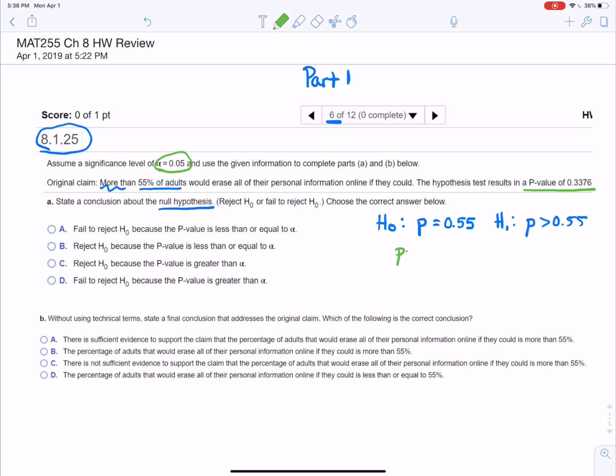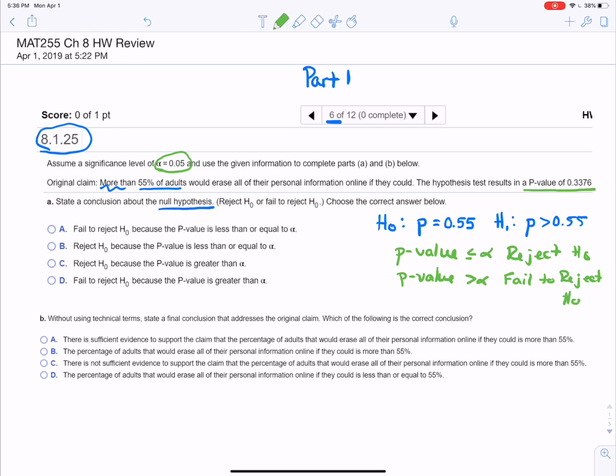So if we have a p-value that is less than or equal to our alpha, that is when we reject our null hypothesis. But if we have a p-value that's greater than our alpha level, that's when we fail to reject our null hypothesis.